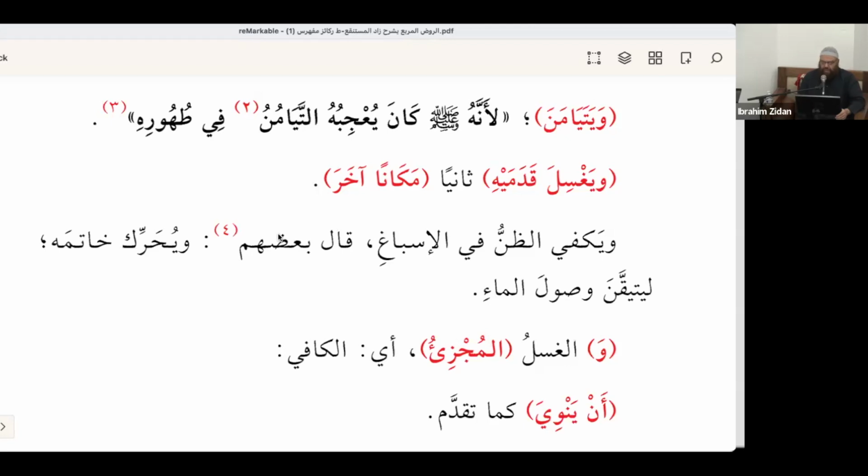ويغسل قدميه ثانيا مكانا آخر. Then he says ويكفي الظن في الإسباغ. الإسباغ, which means to thoroughly make the wudu or the ghusl full. What's sufficient in that is الظن, most likely that you covered the entire body. This is what الظن means, meaning you don't have to have certainty that every atom of your body reached water.